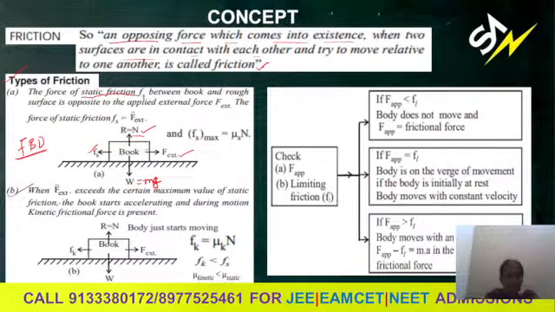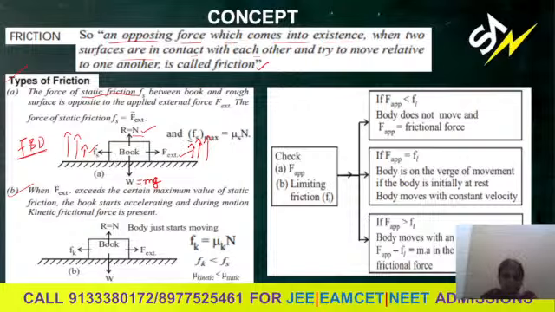Next, when the external force exceeds a certain maximum value of the static friction. In this situation, static friction develops, which means if we increase the applied force, which is the external force, the friction will also increase till it reaches the limiting value or maximum value.